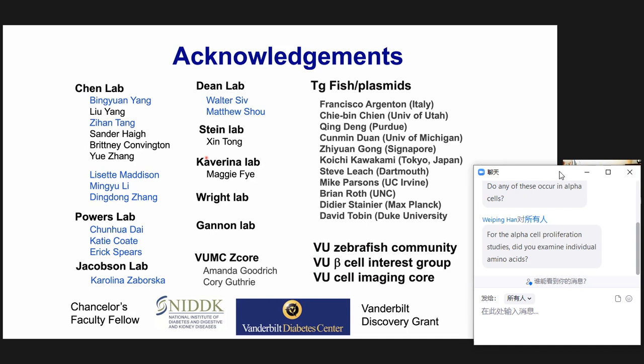So you think that 3 transporters are responsible for that phenotype? I wonder whether these 3 amino acid transporters are implicated in diabetes or not. I know you use the zebrafish model, but I'm curious about the implication of these 3 transporters.